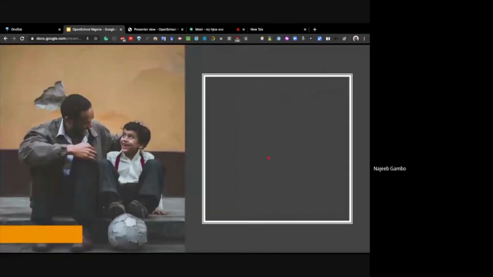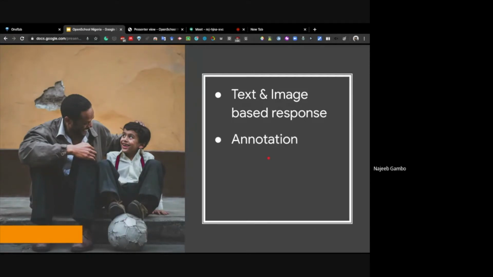We will show you a simple example. Some of this is like text and image response. How do you use text and image response to engage your students? How do you use annotation while you are doing a live lecture, or you are using a self-paced asynchronous learning approach? How do you ask the student to annotate when you give him certain work to see if he understands the work?